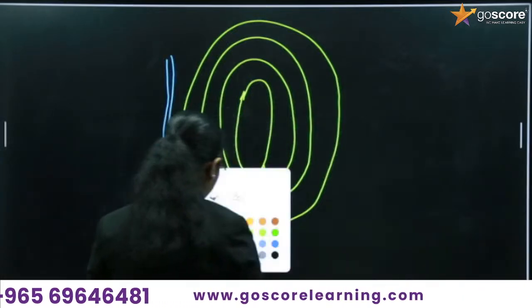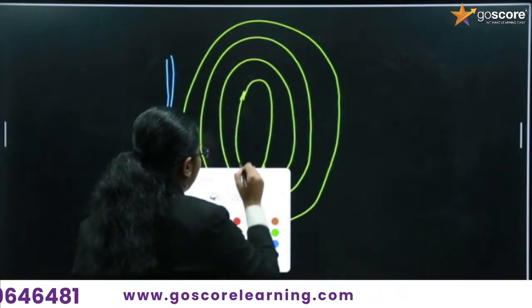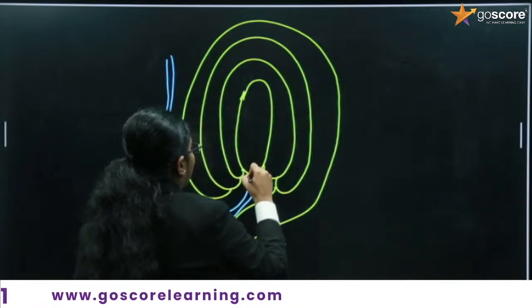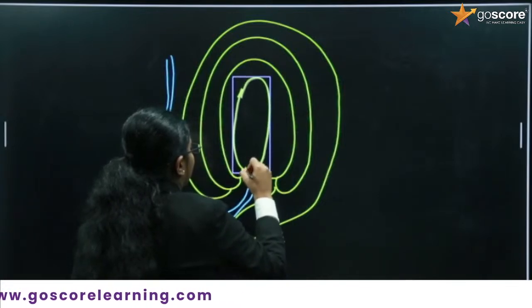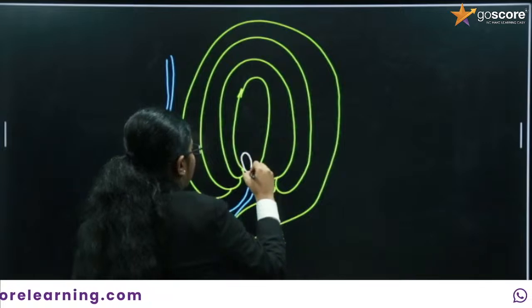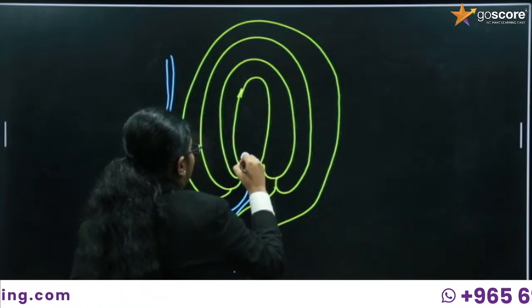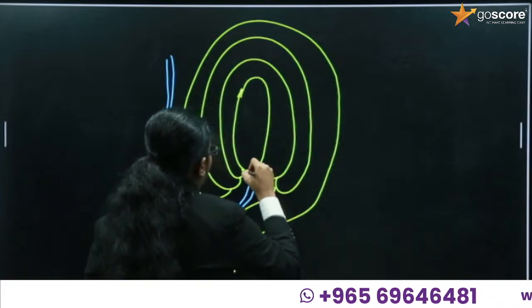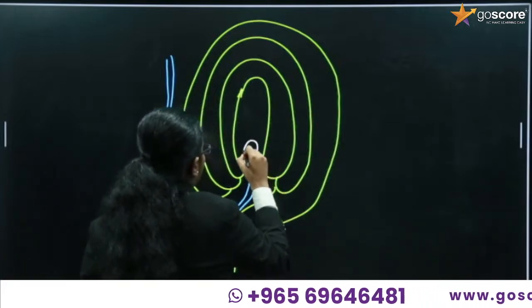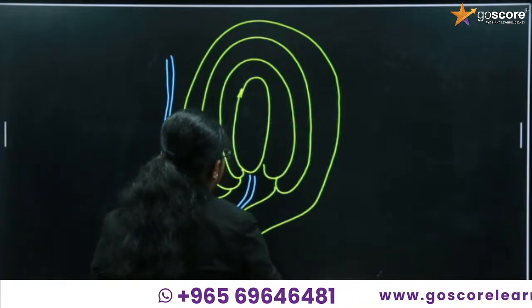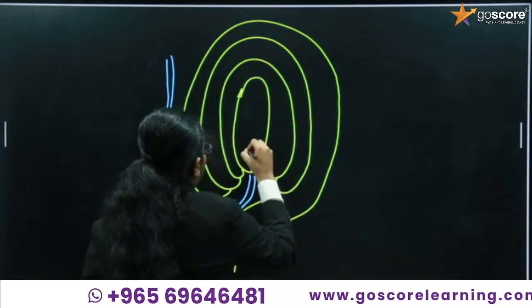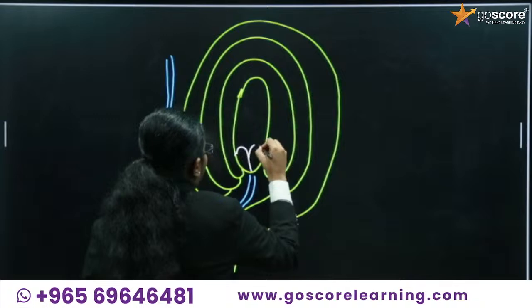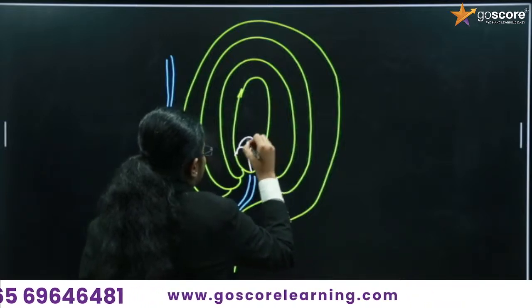It enters into the embryo sac through the synergids. Okay, so we can draw it like this. We can find the synergids.